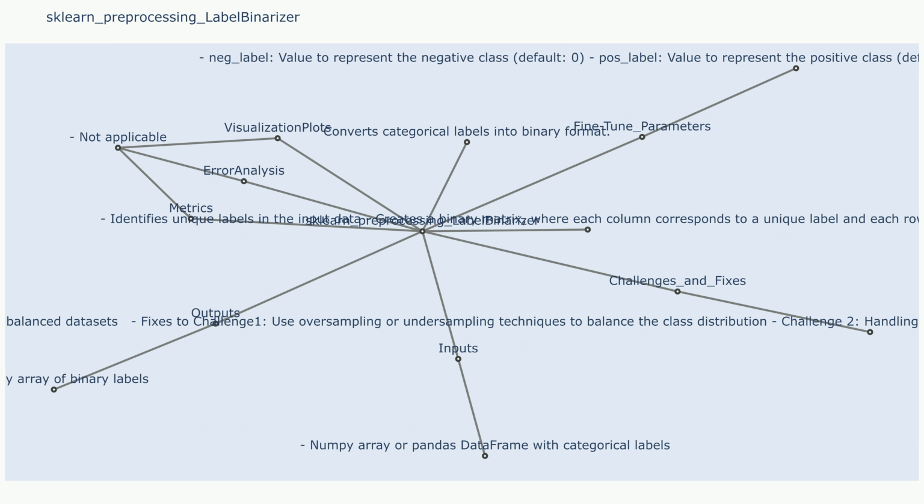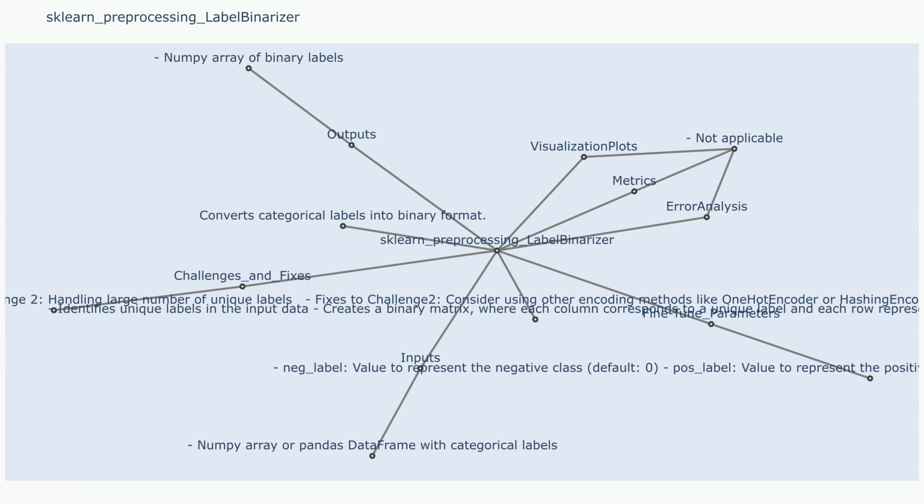Each row represents a sample, and each column corresponds to a unique class. The value in a cell indicates whether the corresponding sample belongs to the class represented by that column, 1 or not, 0. Output 2: a list of classes. This list contains the unique classes detected by LabelBinarizer.